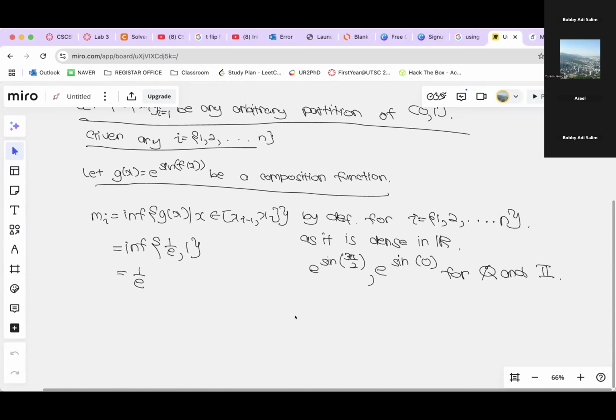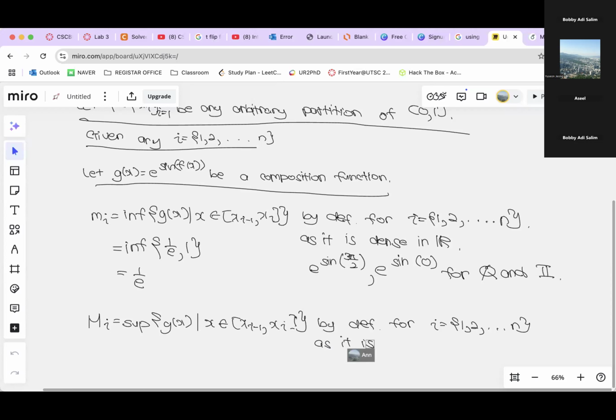Then we try to get the big Mi, which is defined as the supremum of g of x, such that x is an element of [xi minus 1, xi]. So by definition, for i equals 1, 2, up to n, as it is dense in the reals.